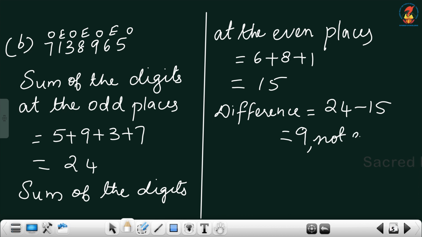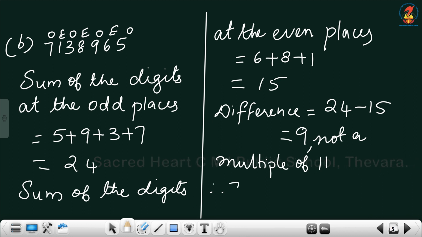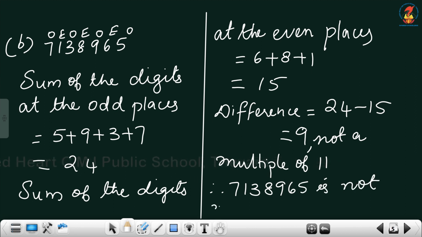Not a multiple of 11. So what we can say, the given number is not divisible by 11. Therefore, 7138965 is not divisible by 11.